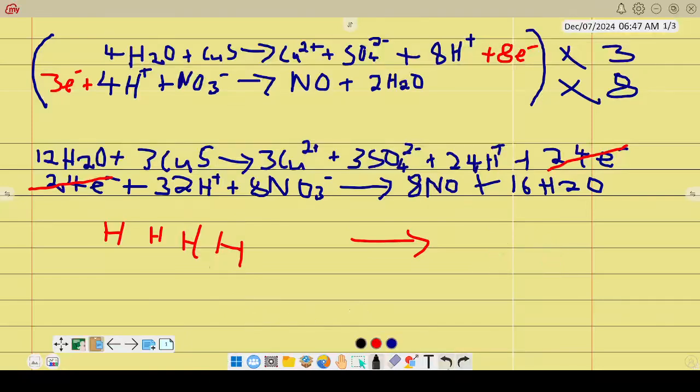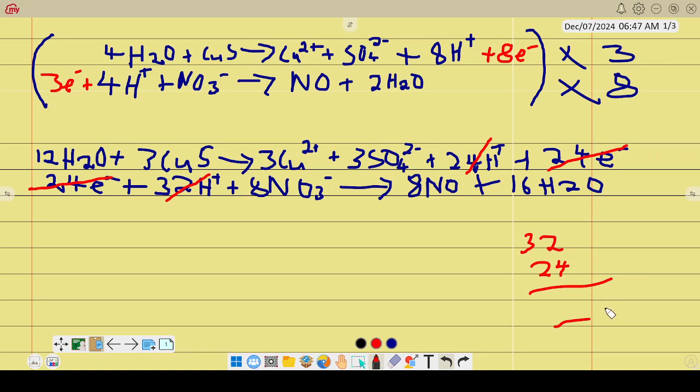So here we just said 24 minus 24, it's 0. So everything has gone away. We'll say 32 minus 24. All these 24 will go away, and from 32 when we cancel 24, what are we getting? That should be 8.